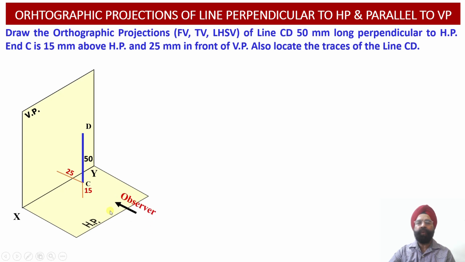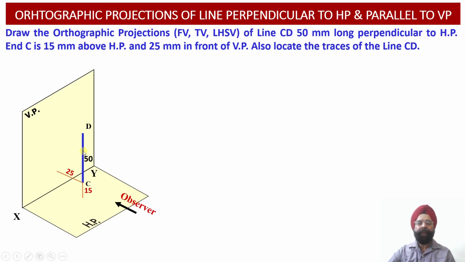And now since this line CD happens to be parallel to the vertical plane, the first projections we are going to obtain of this line CD will be on the vertical plane. And we know the basic fundamental of the projections of the line, that is whenever a line happens to be parallel to a given reference plane, its projection onto that particular reference plane will be revealing the true length projections of this particular line.